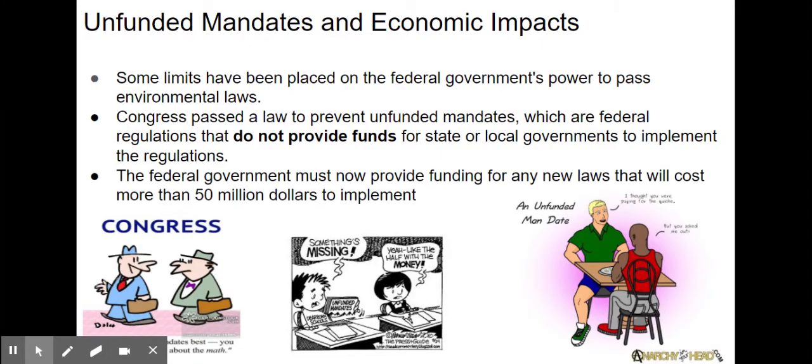The federal government must now provide funding for any new laws that will cost more than $50 million to implement. So what they're saying is if the federal government implements a law, they're going to have to pay the states and local governments the funds that they need to implement that.